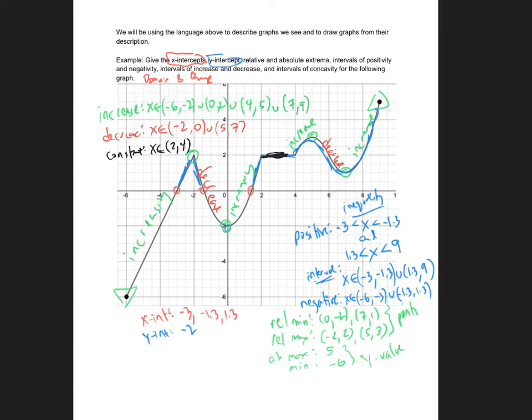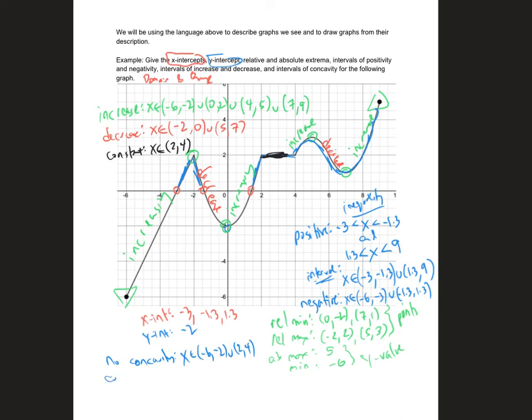Now, intervals of concavity. So there's no concavity in any of the linear stuff. So no concavity when x goes between -6 and -2, 2 and 4, and that's it, because those are the linear pieces.